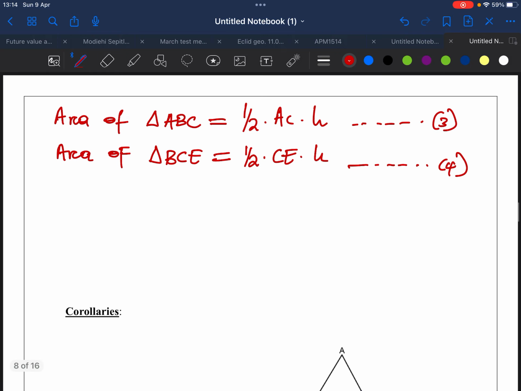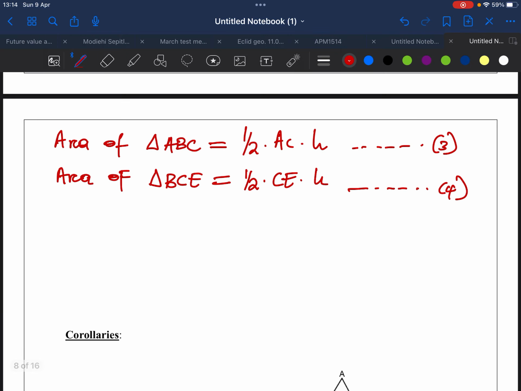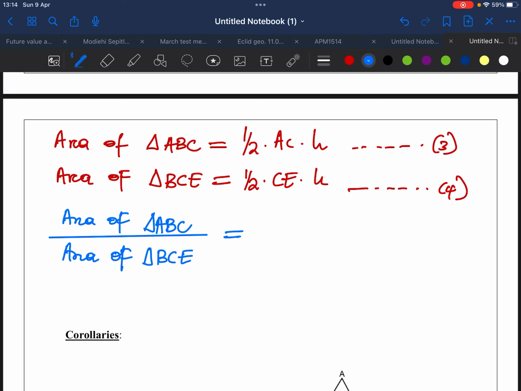Of course we will use the definition of ratio here. Area of triangle ABC over area of triangle BCE will be equivalent to half AC times H divided by half CE times H. We see that this and this go away, also that one and that one.